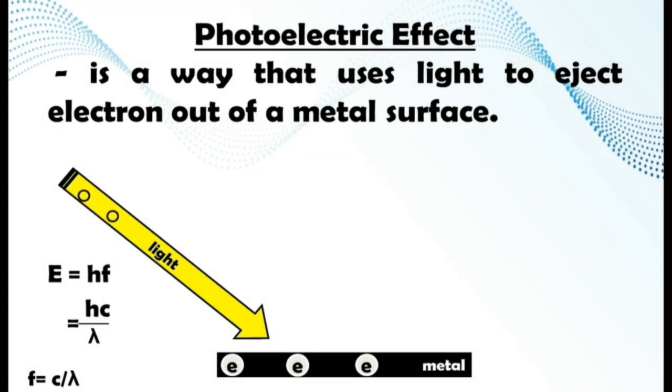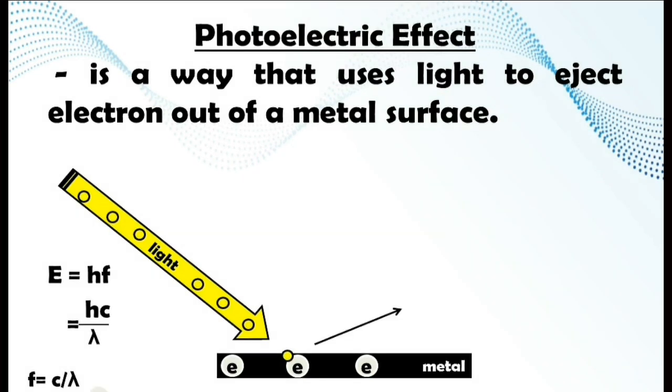If that photon hits an electron, all of its energy will be given to the electron. And if the photon's energy is high enough, the electron will surely be ejected from the metal with a specific kinetic energy.